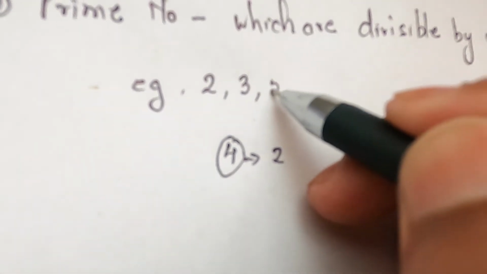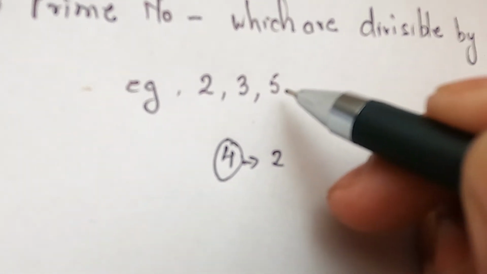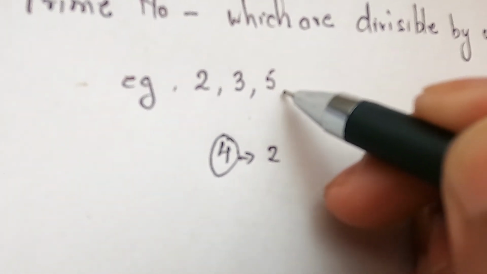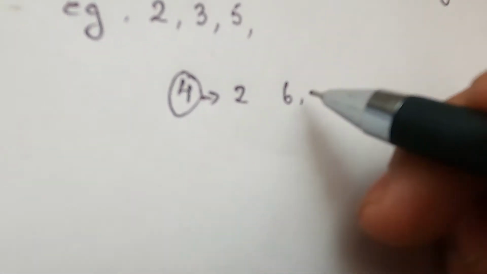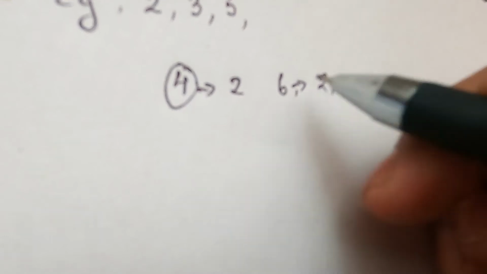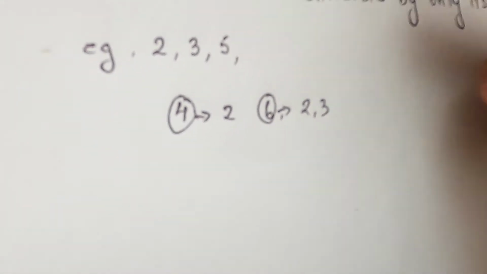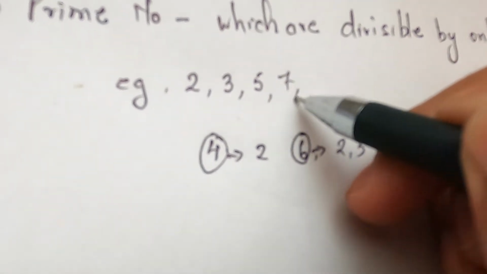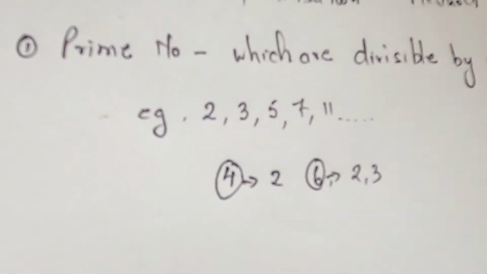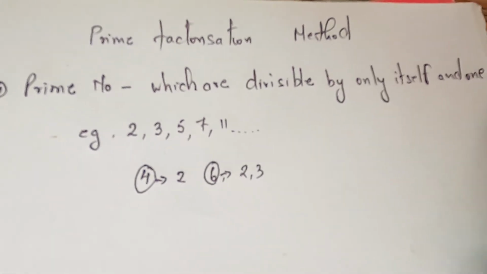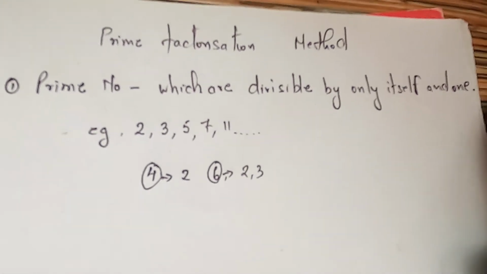For example 5, it is divisible only by itself and 1. 6 can be divided by 2 and 3, so therefore 6 is not a prime number. And 7, then 11, and so on. That is the definition of prime numbers.